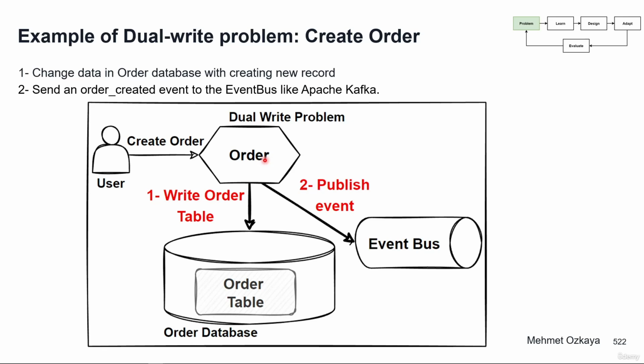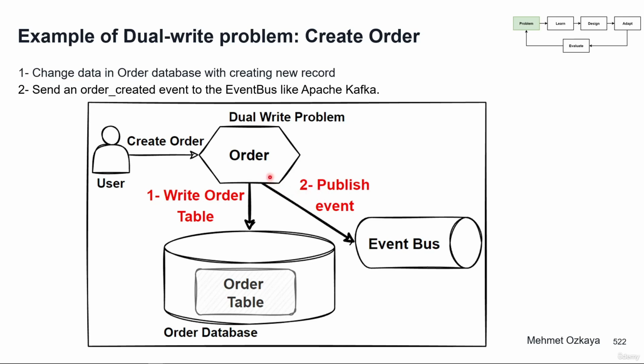There is a small probability of the application crashing after the database commit and before the second operation, which would leave the system in an inconsistent state. That means we successfully performed the create order operation, but somehow we can't publish the event, and that makes an inconsistent state.